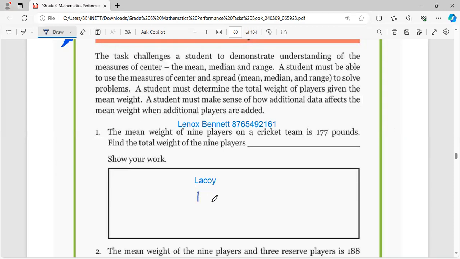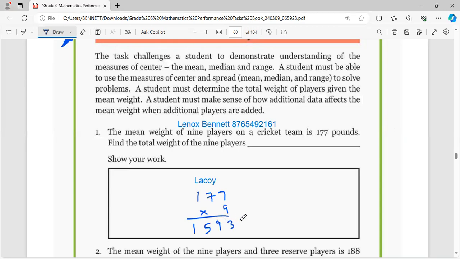All right. So you're saying multiply this by 9. After doing so, you would get 1,593. So that's what I did too, sir. Pounds, sir.